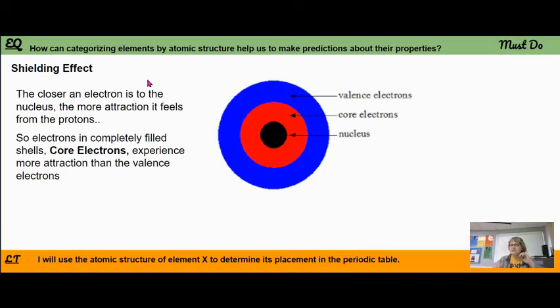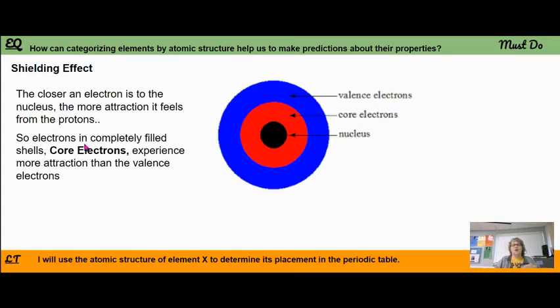And so here are some of the reasons why. The first one is the shielding effect. The closer an electron is to the nucleus, the more attraction it feels, because the farther away, the less it feels, and the closer together, the more it feels.